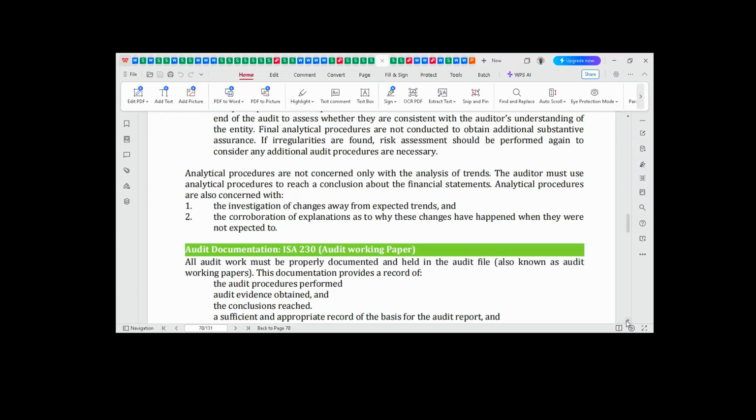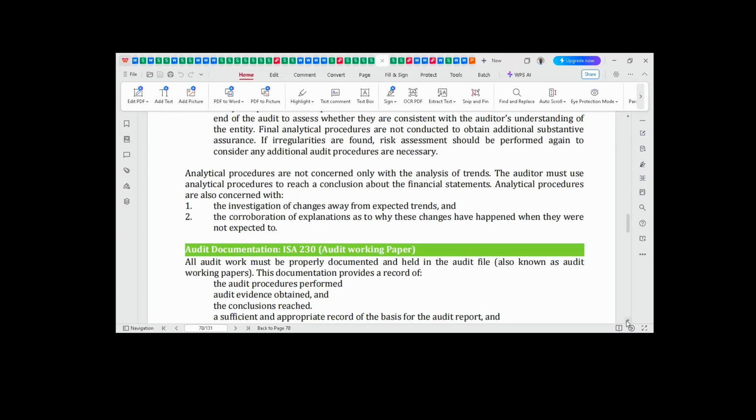Like I said, audit is scientific. That is why, after the audit has been done, remember we looked at it in chapter 5, before the audit report is signed and dated, the engagement quality reviewer will come on board and take a look at everything that has been done, so as to be sure that the audit firm is not exposed to any form of liability from the part of the client.